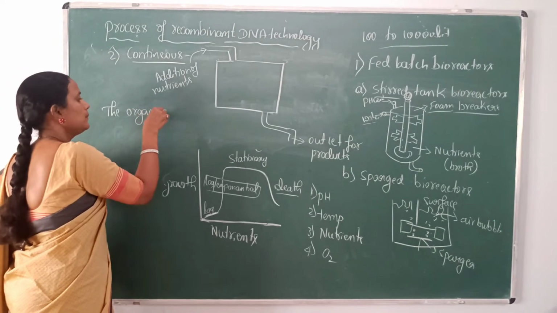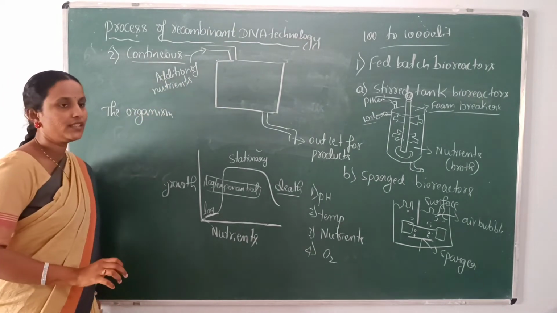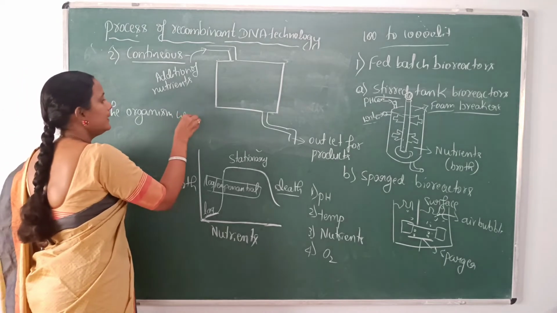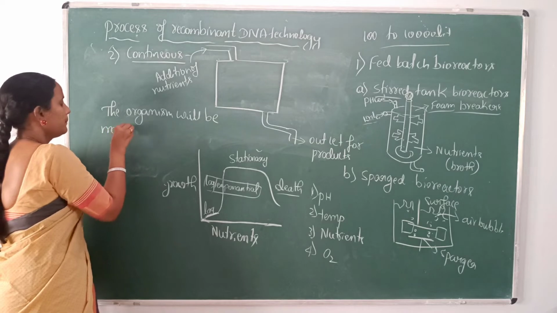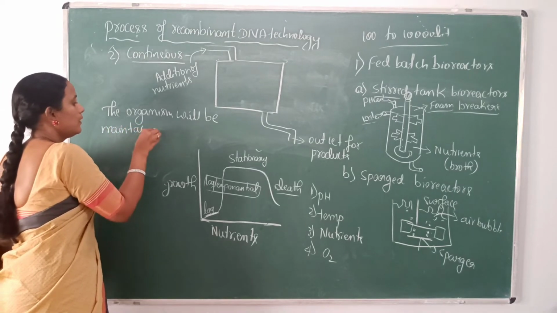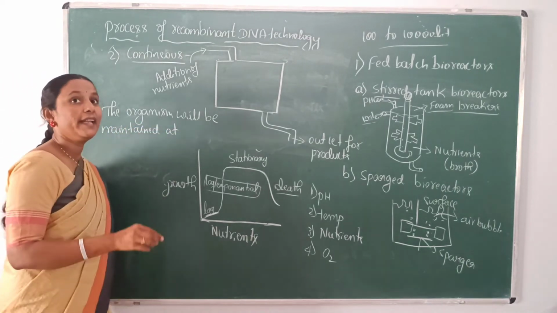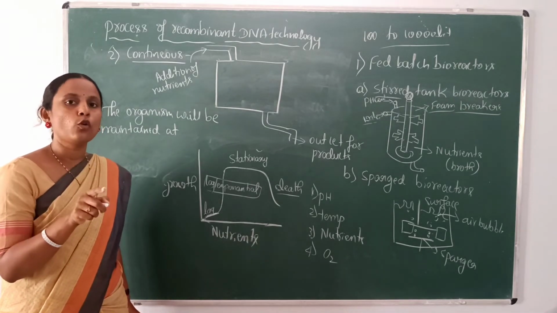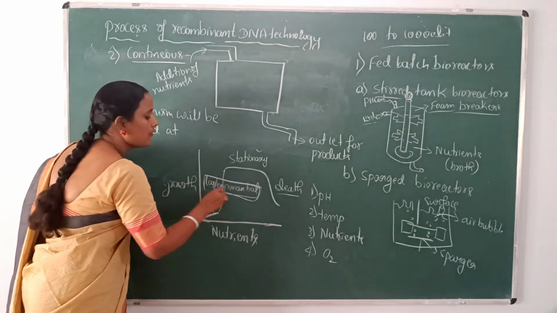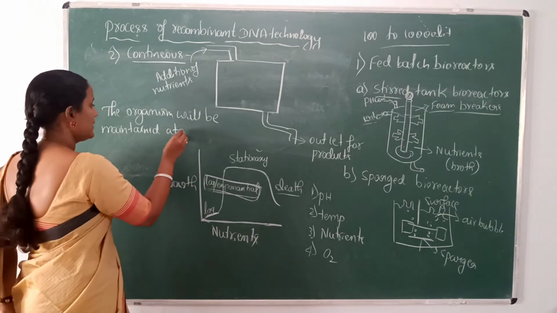So whatever the organism, recombinant cell we add to this will be maintained at metabolically active phase. The metabolically active phase in the growth of organism is log phase or the exponential phase.